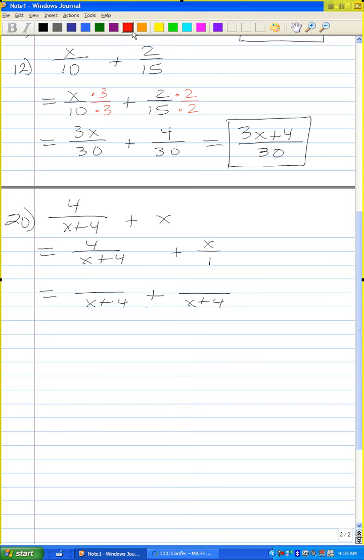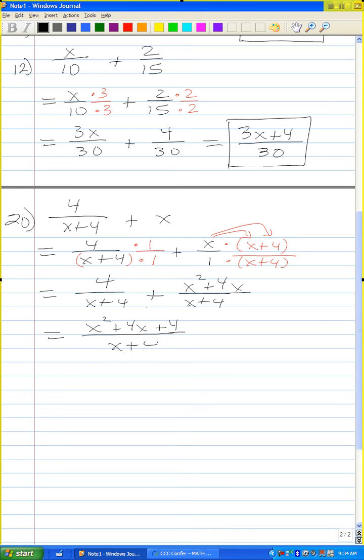And so I'll just multiply and divide by 1 for this first term, by x plus 4 for the second. And so I get 4 over x plus 4, and then x squared plus 4x. And so I can add numerators, x squared plus 4x plus 4, all over the common denominator, x plus 4.